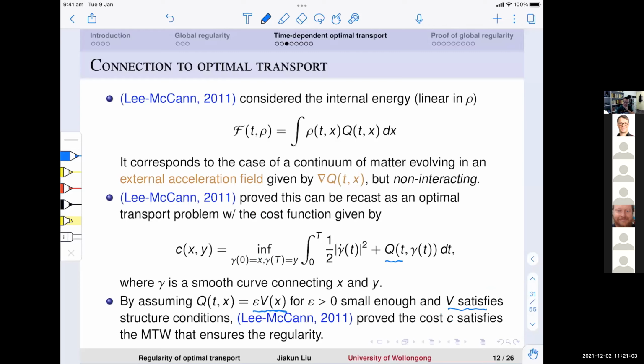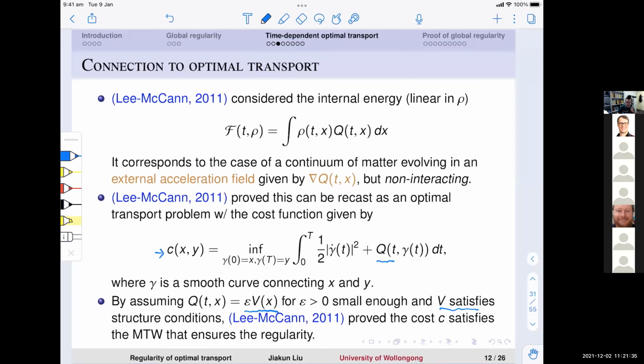Then they proved the above cost function satisfies the MTW condition. If the cost function satisfies the MTW condition, then by the theory of optimal transport, the optimal mapping is smooth, as long as all the other data are smooth. So the optimal mapping is smooth, and then we know the universe is evolving along a smooth behavior, because each star's path is a smooth path. That's the special case.